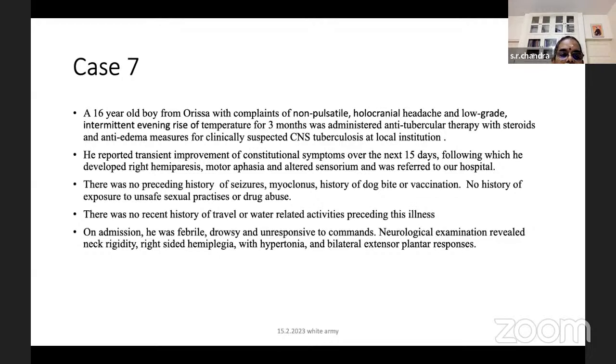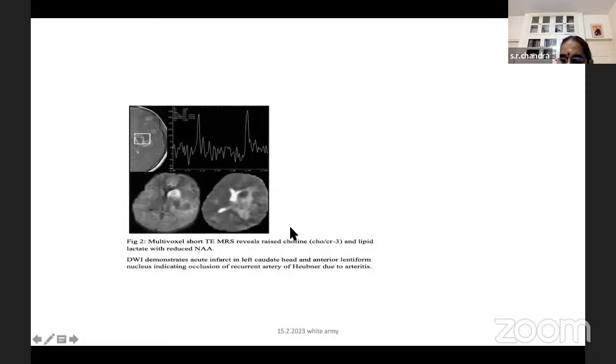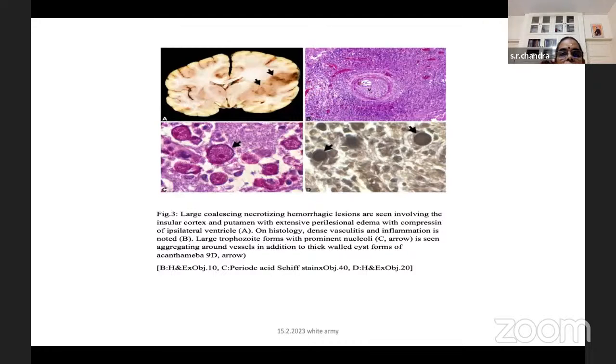On admission, he was febrile, drowsy, unresponsive to command. Neurological examination revealed neck rigidity, right hemiplegia, hypertonia, and bilateral extensor responses. We lost the patient, and these were the MRI findings. Multiple abscesses were there in the MRI, and this showed a choline peak, and postmortem revealed the amoeba.